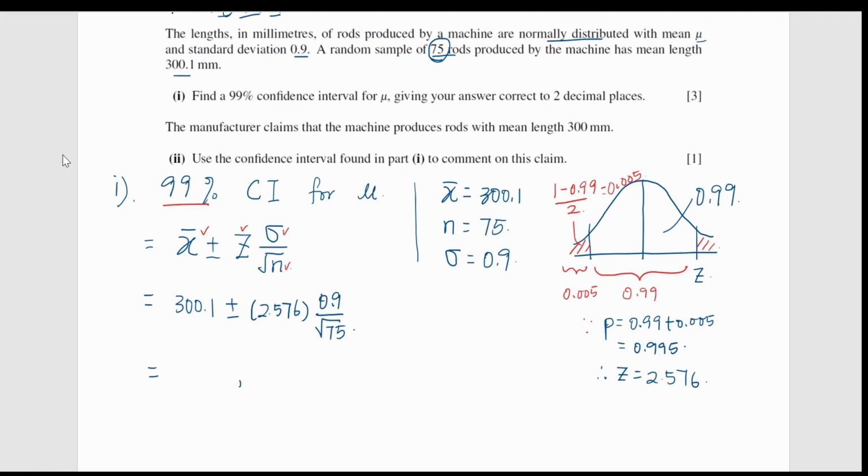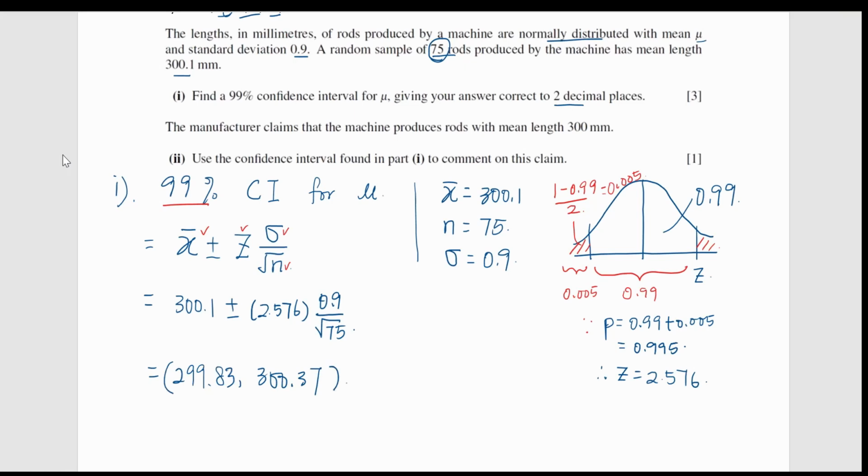The question says keep to 2 decimal places, so it's going to be 300.37. Then another value, 299.8323, so it's going to be 299.83.